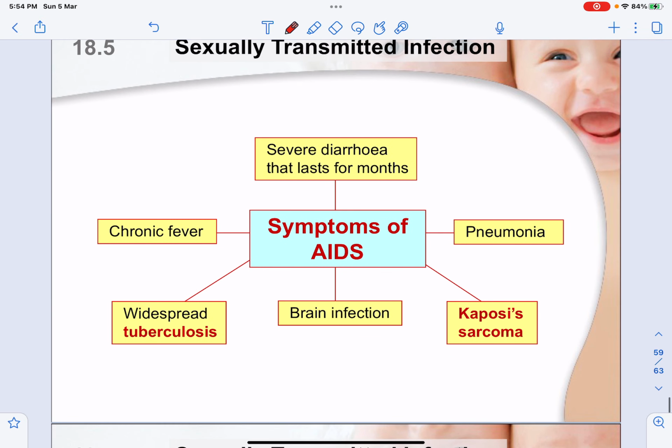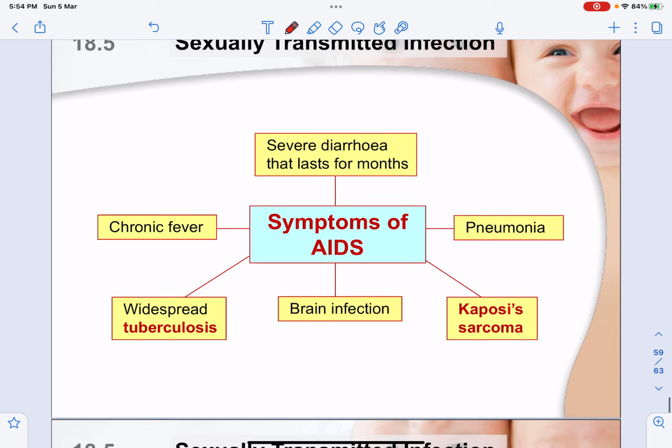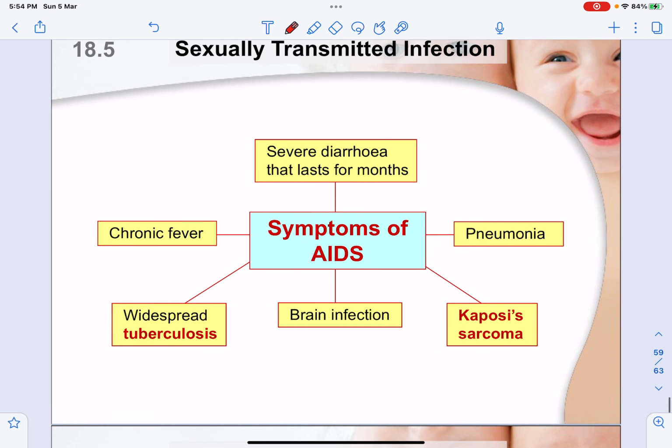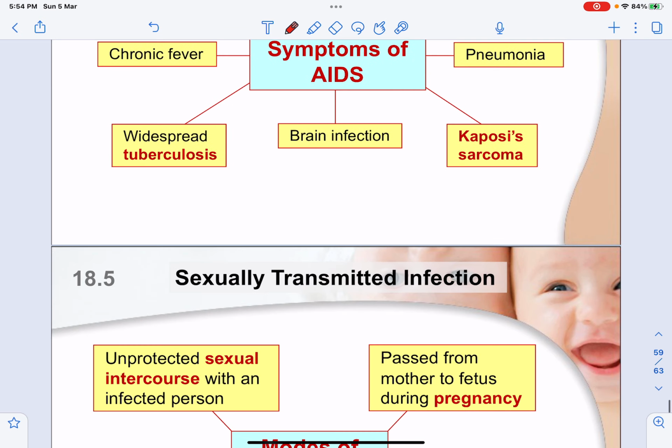Some of the symptoms of AIDS: you have severe diarrhea that may last for months, you have pneumonia, chronic fever, widespread tuberculosis, brain infection, and Kaposi's sarcoma. All these you can slowly Google and find out more.